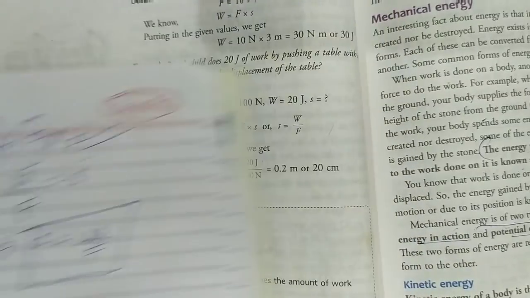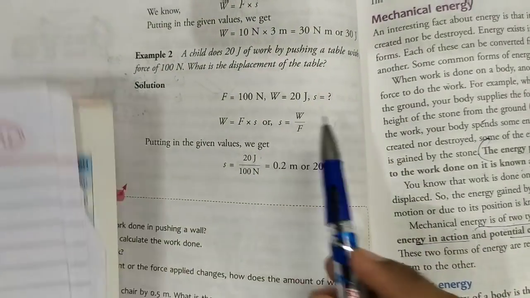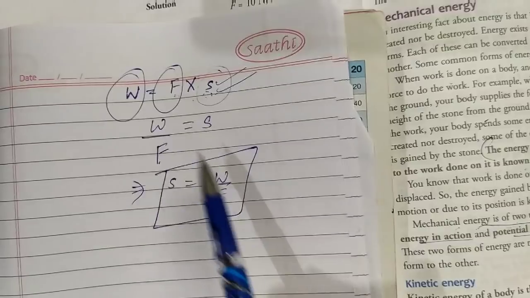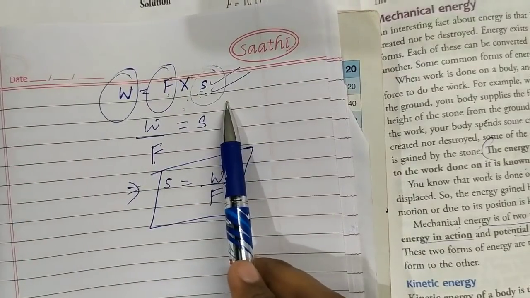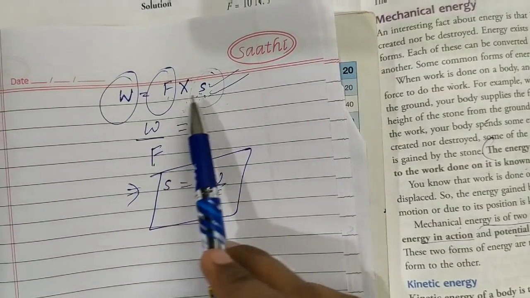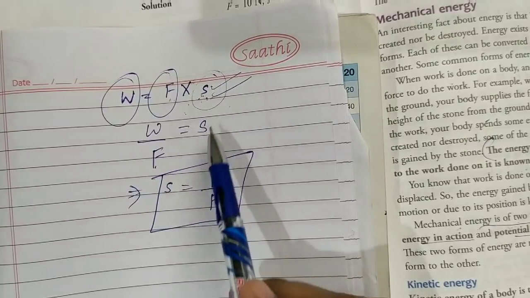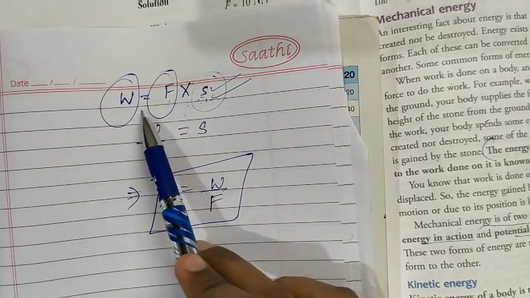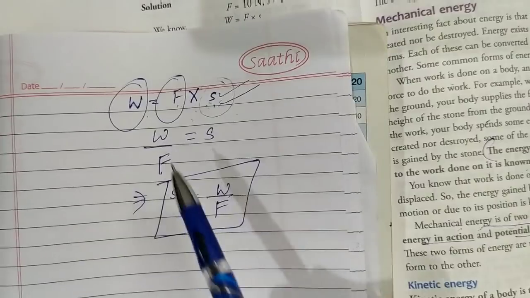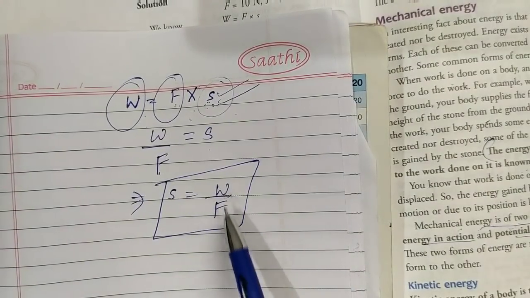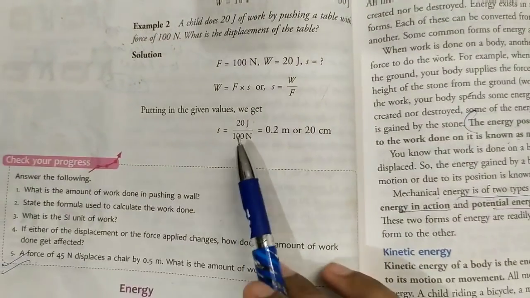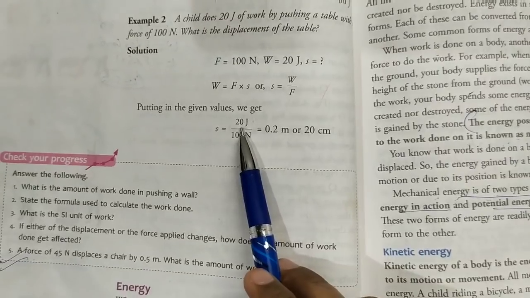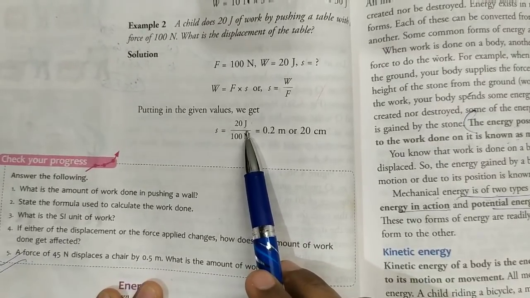The same thing is given here, and I have explained that work done is equal to force into displacement, and since we have to find displacement, it becomes work done upon force. Then we will put the values.